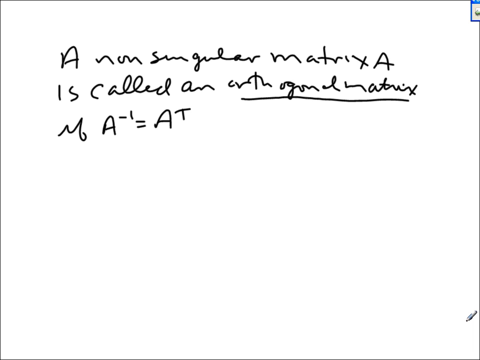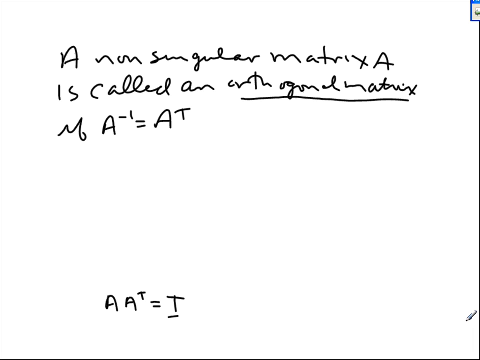That is, the inverse of A is A transpose. That is, A times A transpose equals identity. That is what is meant by an orthogonal matrix. A inverse must equal A transpose.